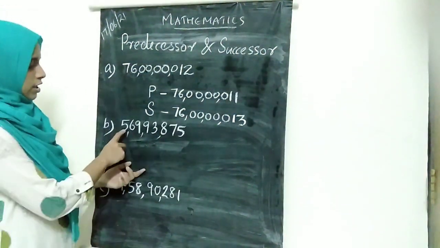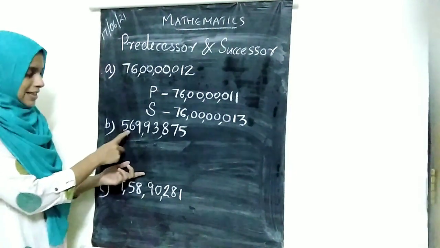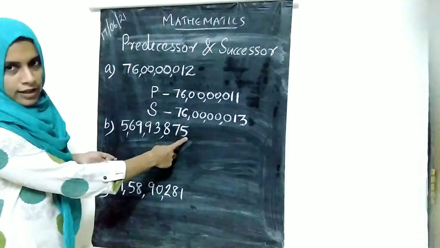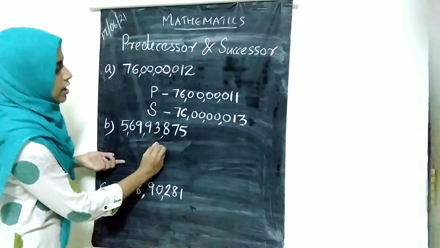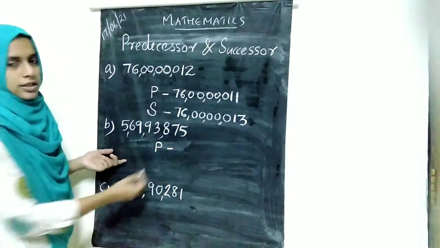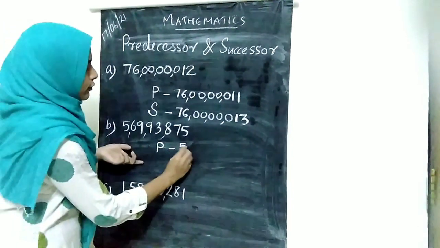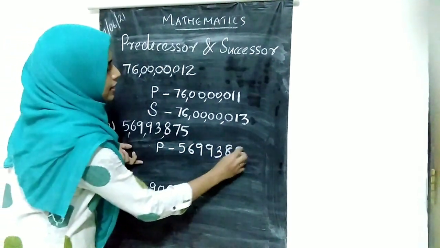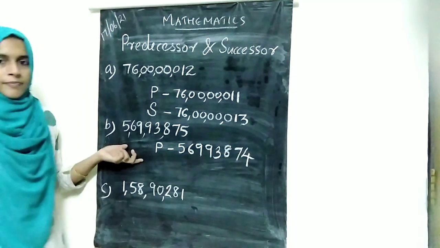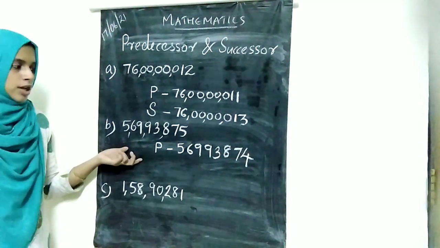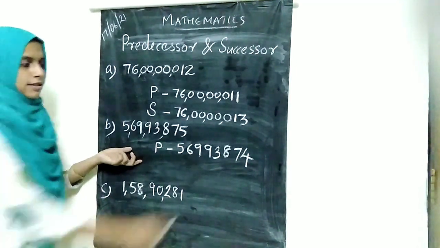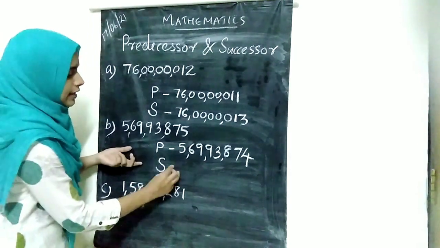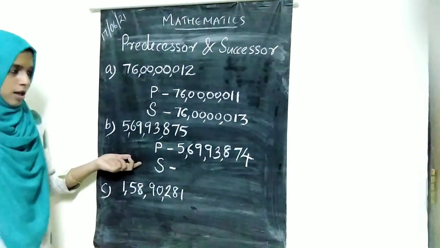Second question, you can see 5 crore 69 lakh 93,875. Now predecessor, subtract 1. So 5, 6, 9, 9, 3, 8, 7, 4. 875 was the question. When you subtract 1, you will get 874. Then put commas. Now we will write the successor.